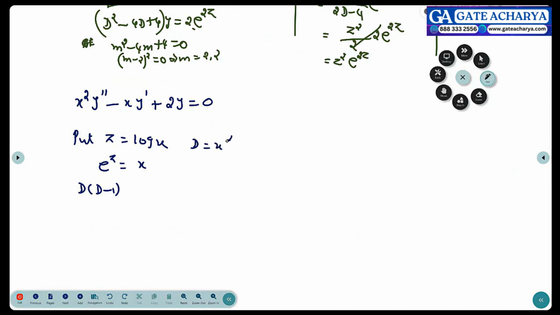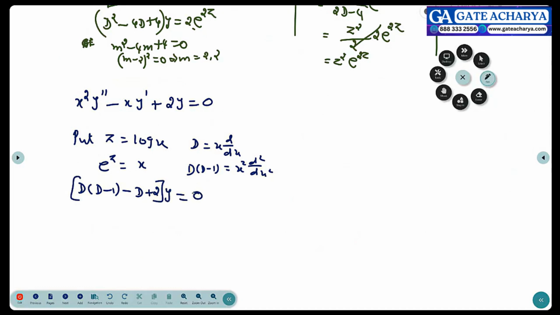Capital D is x into d by dx, and D into D minus 1 means x square into d square by dx square. So x square y double dash is D into D minus 1, minus x y dash is D, plus 2, finally we take y common. So y is equal to 0.